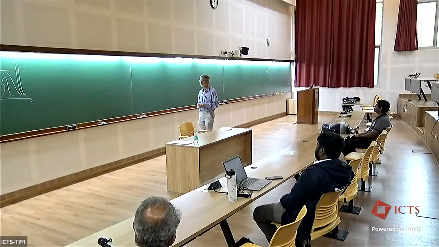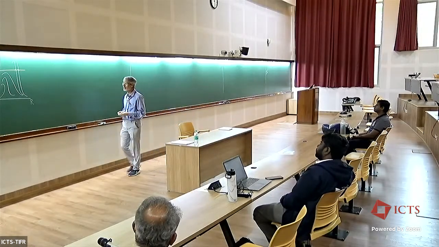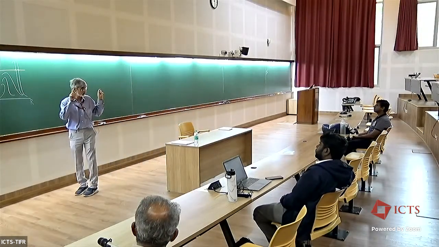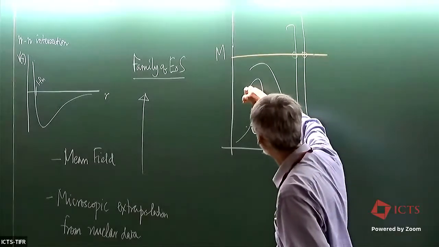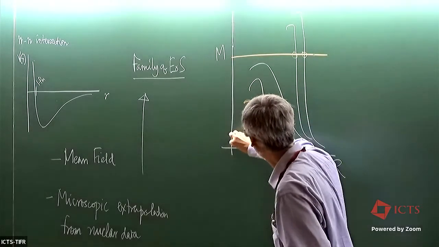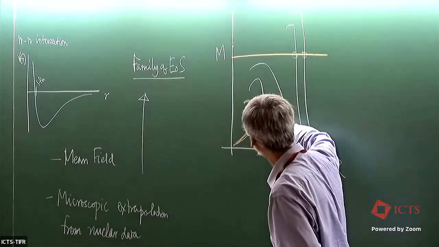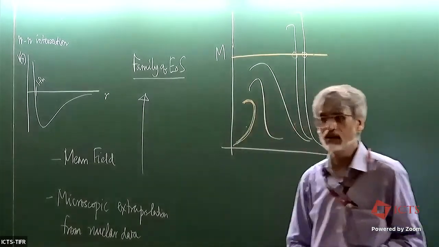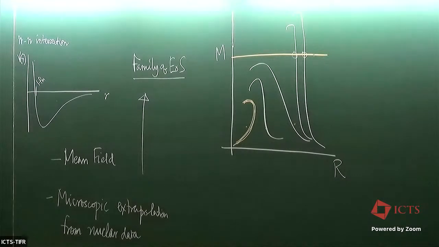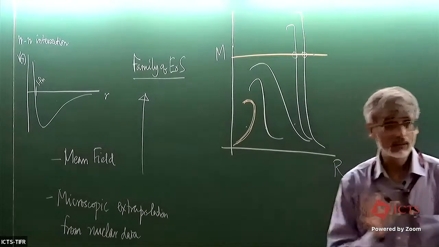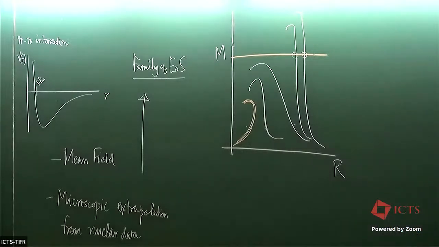But let's say one family of neutron stars, I drew particularly this mass-radius relation. This type of mass-radius relation comes from strange matter, strange quark stars, SQM, where the composition is not neutrons, but it is fully made out of quarks.